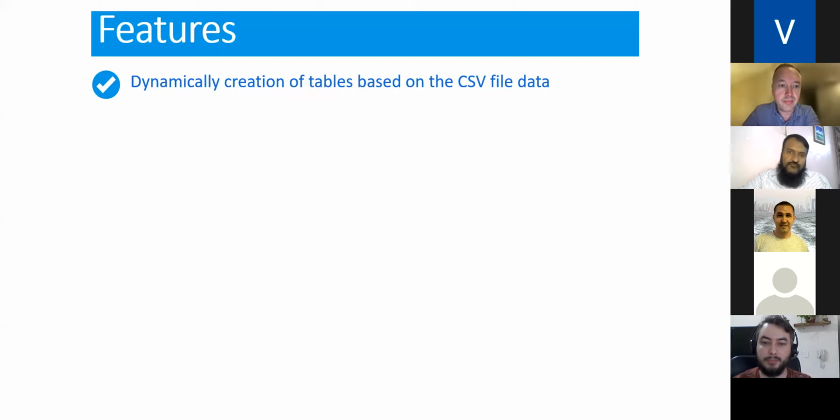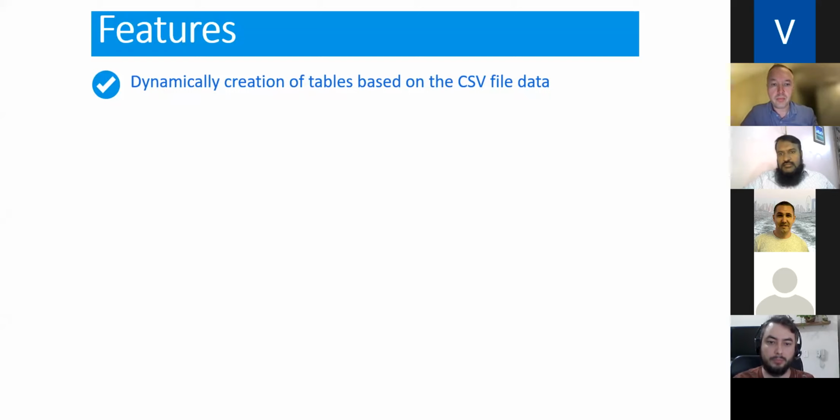From the first line of the CSV file, it considers it as a header, and constructs the table, with the column names based on the field names in the first line. For the rest of the data, it guesses the data type, then creates the table and loads the data. So this is the main feature of this application.